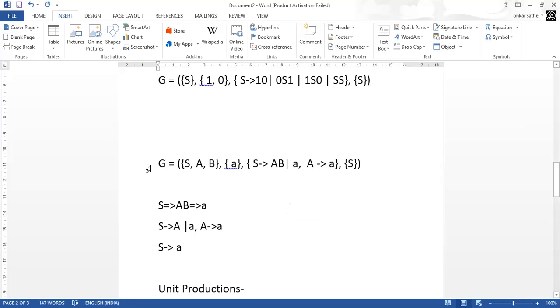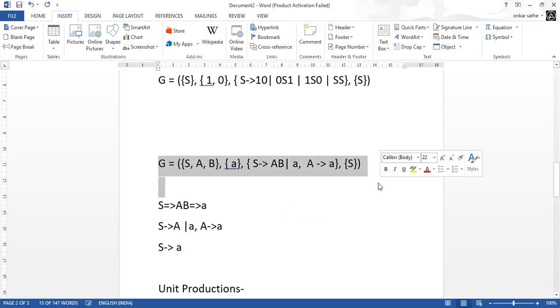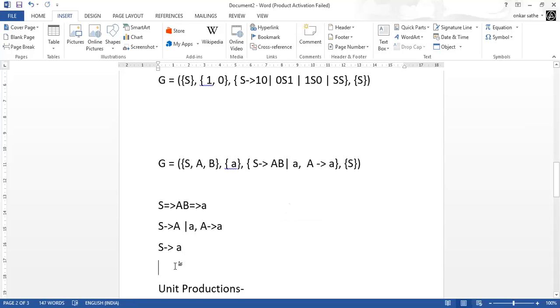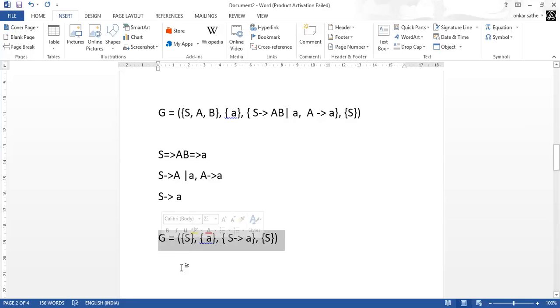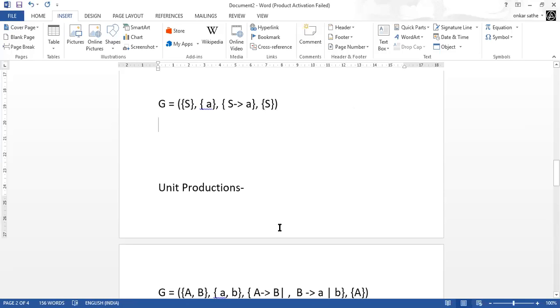So here the resultant grammar can be written as G equal to only one non-terminal, then the terminal set as it is. S gives AB, we are going to remove that, and similarly we are going to remove the non-terminals A and B. So this is the resultant grammar after removing the useless symbols.